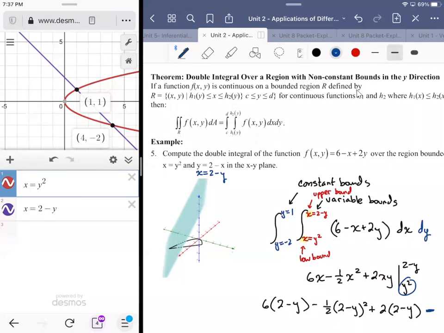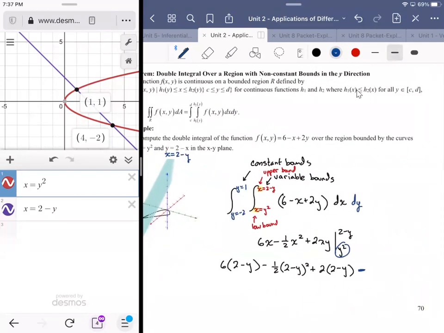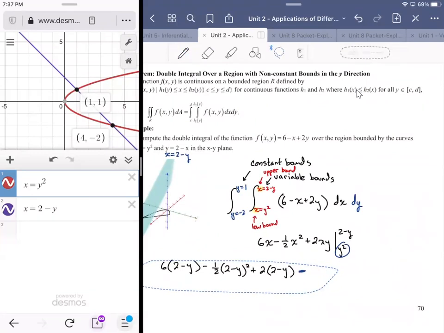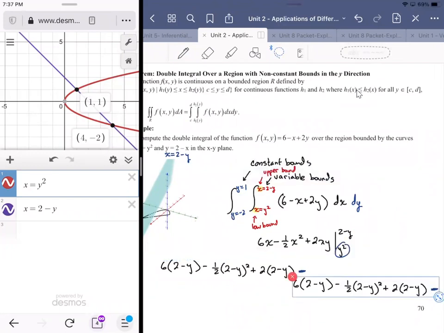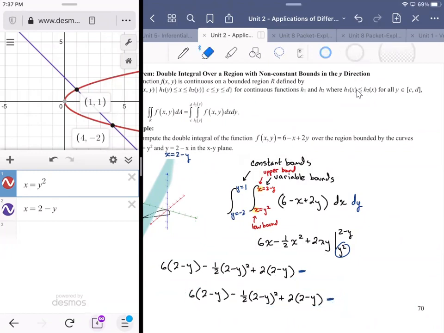All right, no problem. So now we're going to make our substitutions again, but this time I'm going to replace the x's with y squared. Let me just kind of clean it up. I start realizing after I do this copy paste stuff that it would have been easier to just rewrite it.